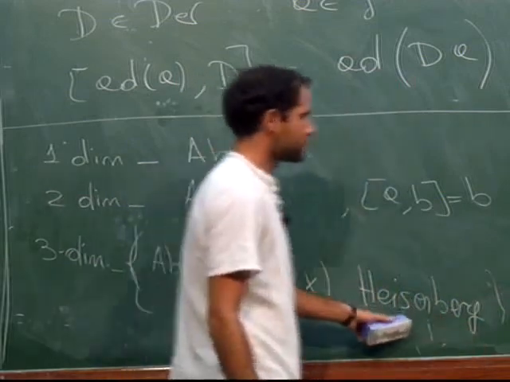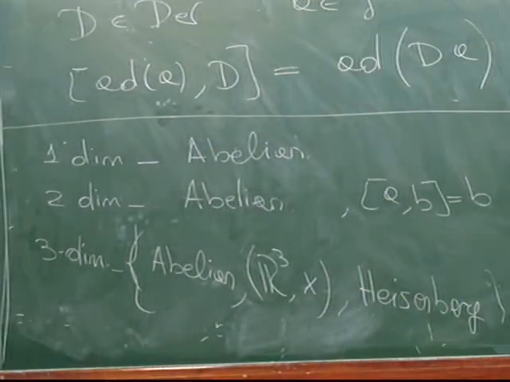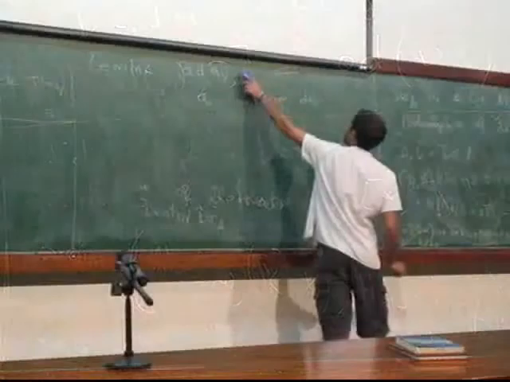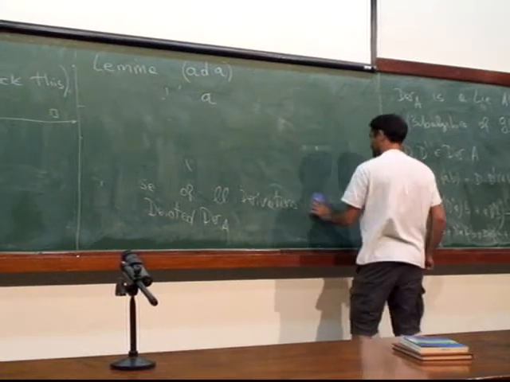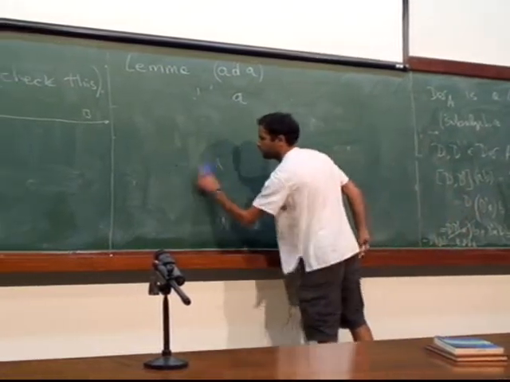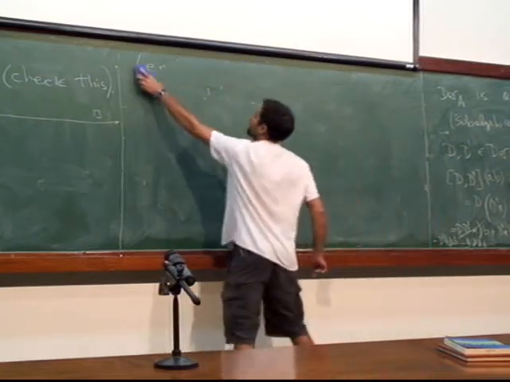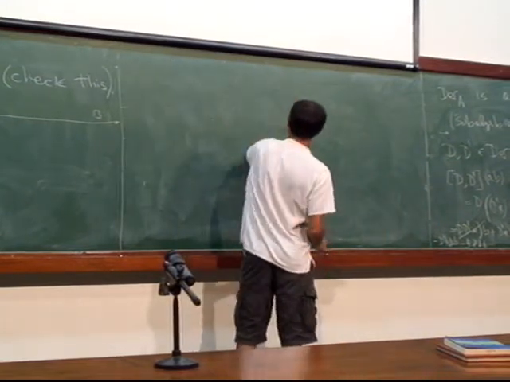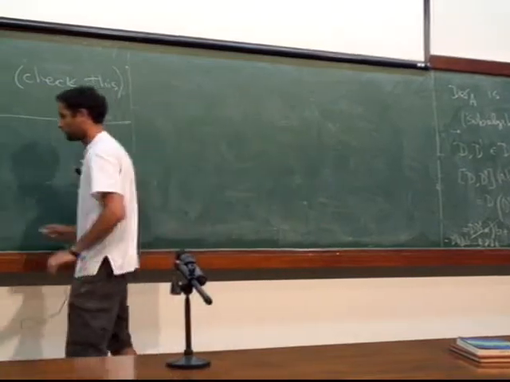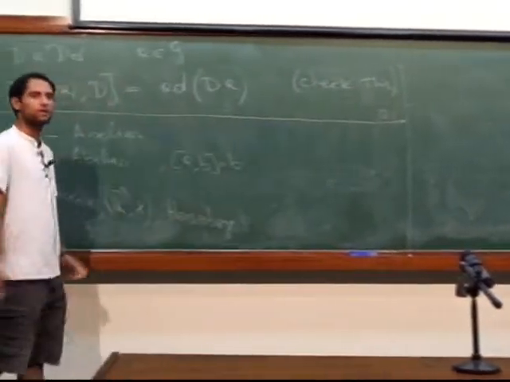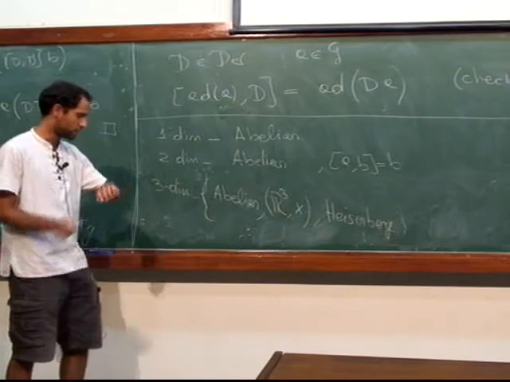So let me introduce what this Lie algebra is. In some sense, we've also seen it, but we've seen it in a different way. Let me give you a representation also of this Lie algebra, so that's why I introduced it.